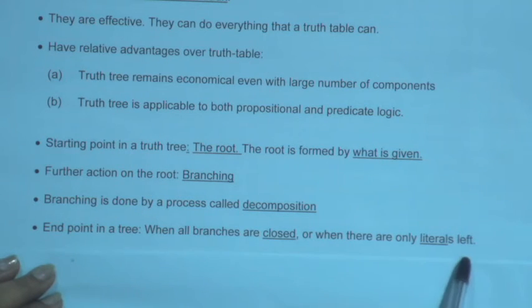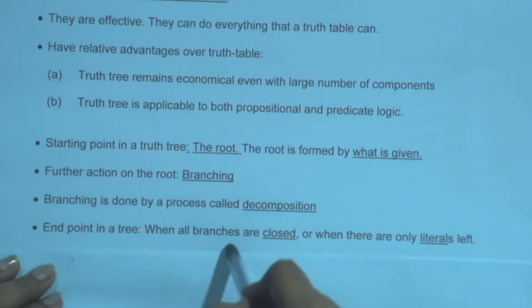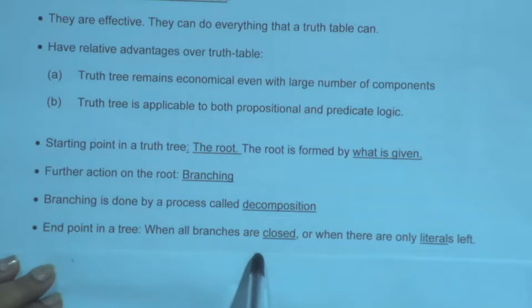That is this state. When the decomposition process is completely over and only literals are left, or as a result of this decomposition you have only generated closed branches. Closed branches are branches where no operation is to be done. So, this is going to be a clear indication that the tree cannot grow anymore, and you call it the closed up operation, the tree is done.